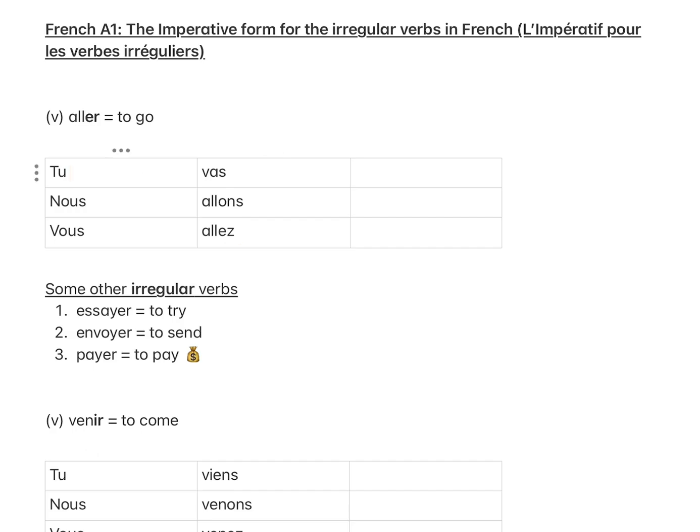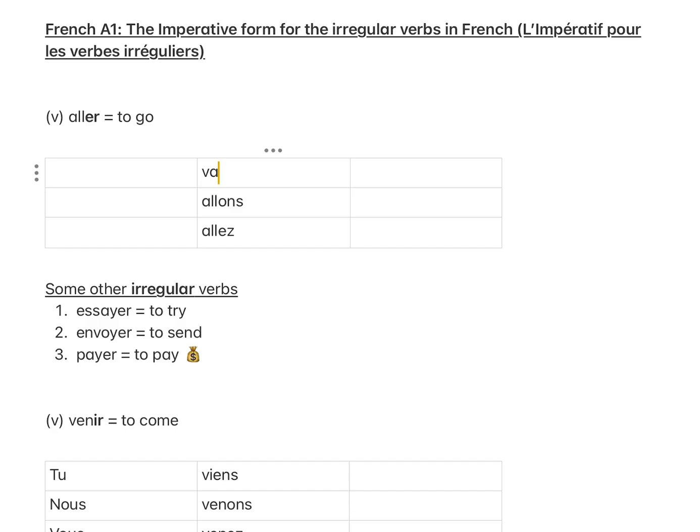Now, to make the imperative form, the first step is to remove the subject pronouns since we won't be requiring them. The second step, which is a very important step, is that despite the fact the verb aller is an irregular er verb, we will still be following the rule of removing the s in the tu form, just like how we saw when it came to making the imperative form for regular er verbs.